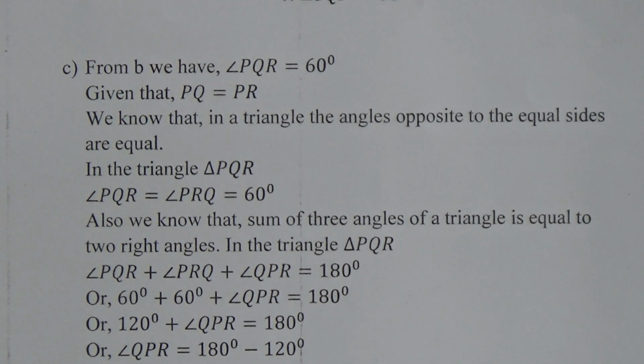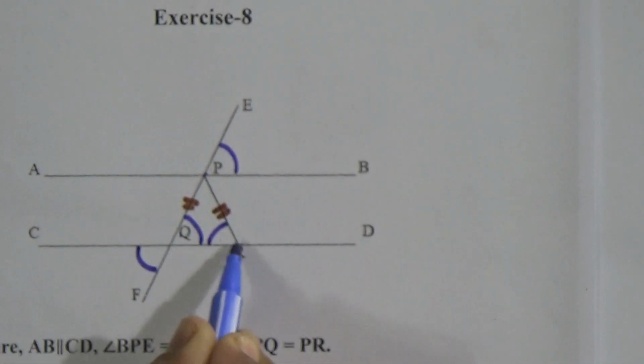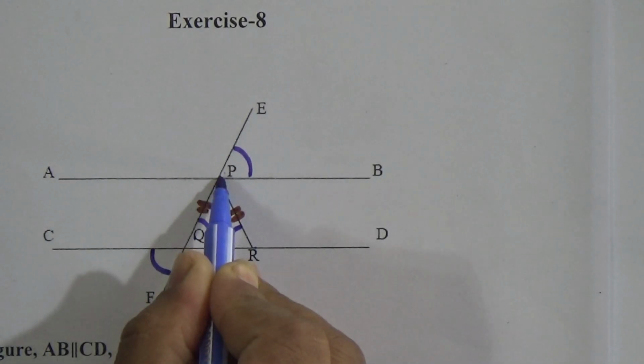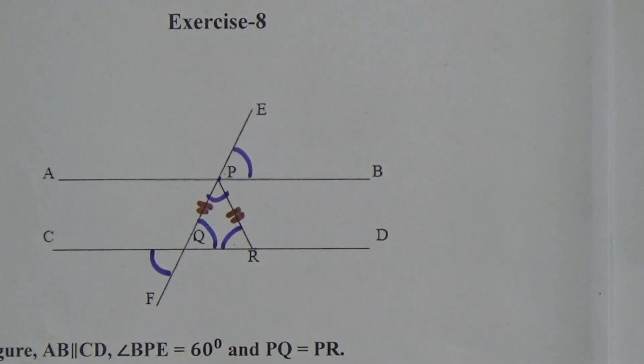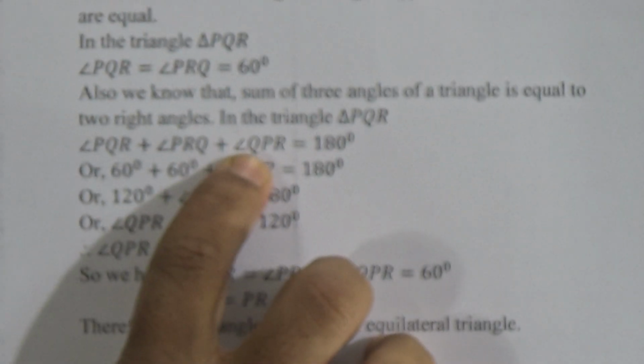Look at the figure again. I have written down from this triangle PQR this angle plus PRQ this angle plus QPR, that means this angle. These three angles' sum will be two right angles, that means 180 degree. From this equation we need to find out the value of the angle QPR.